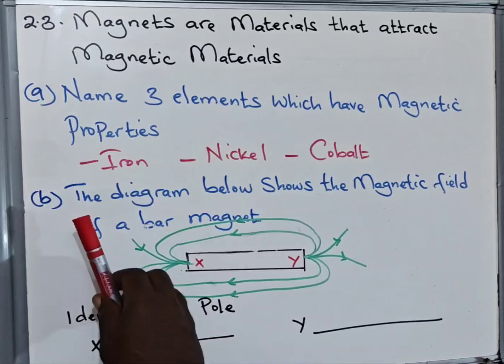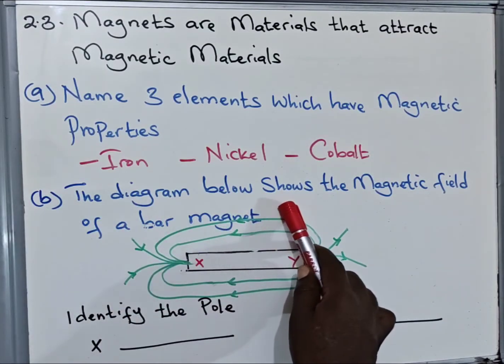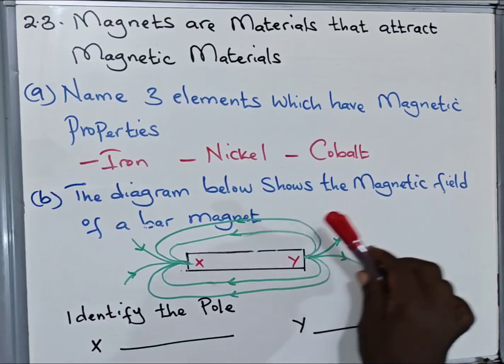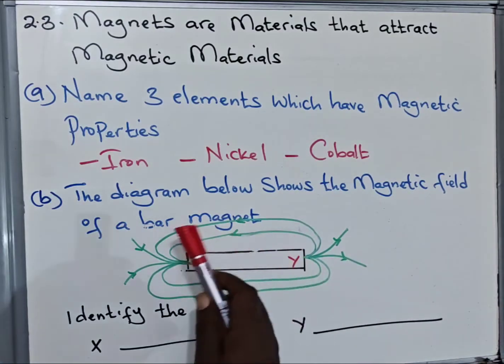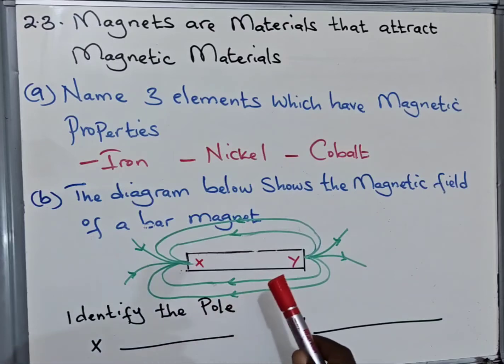Then we come to this one. It says the diagram below shows the magnetic field of a bar magnet. So this is it. And the question says identify the poles X and Y. What do we do? Where do we look to identify the poles? You look at the direction of the field.